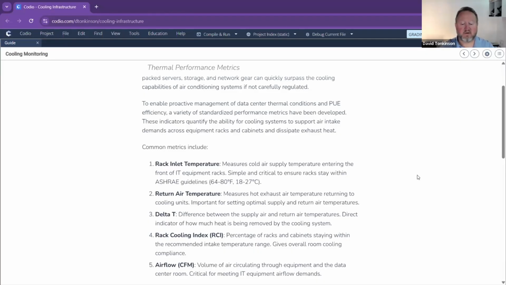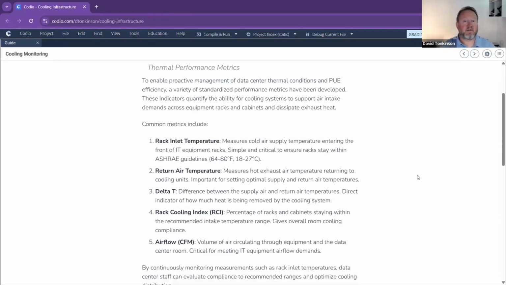Delta T is the difference between the two temperatures, a very simple piece of maths: one minus the other gives us a difference. And then that gives us a rack cooling index, which is the percentage of racks and cabinets staying within the recommended intake temperature range to give us our overall room compliance.